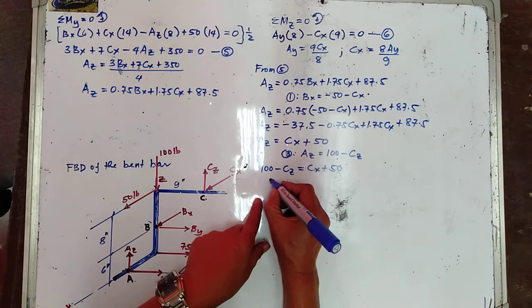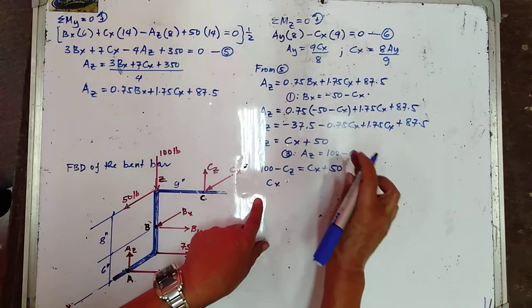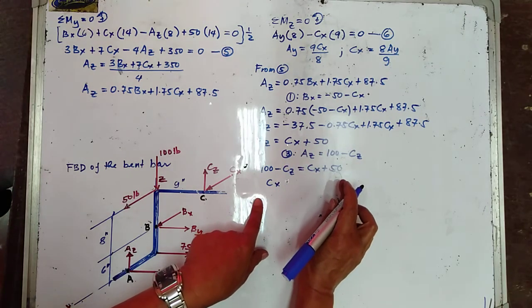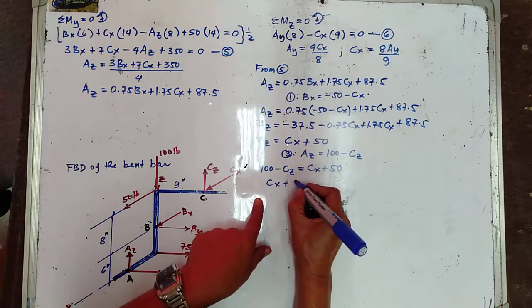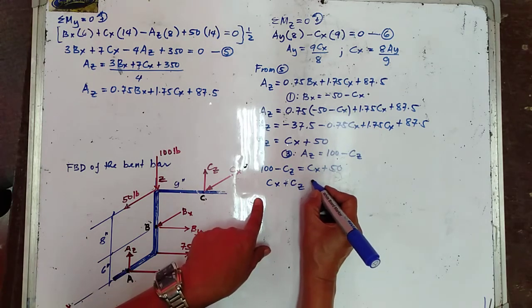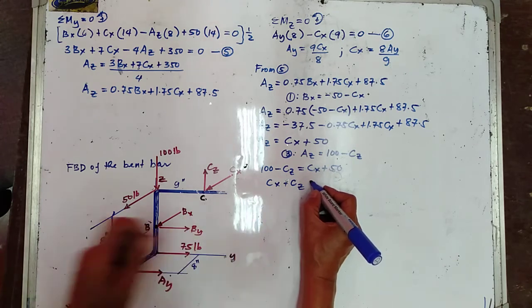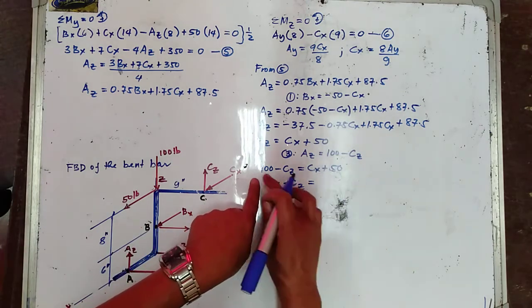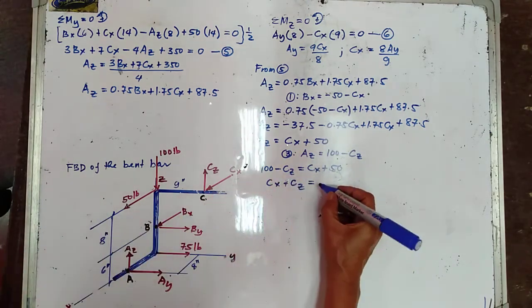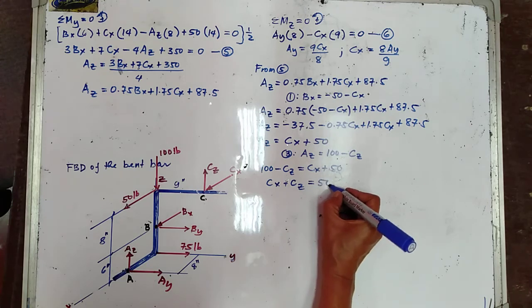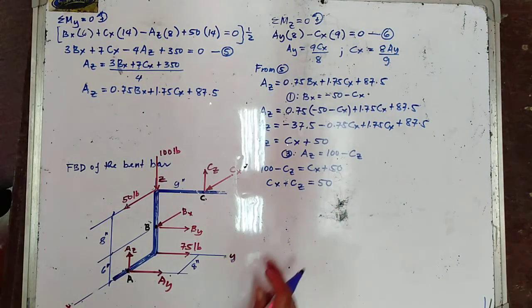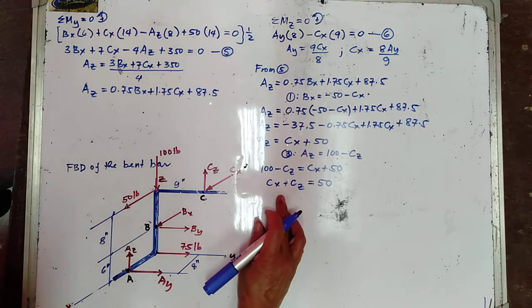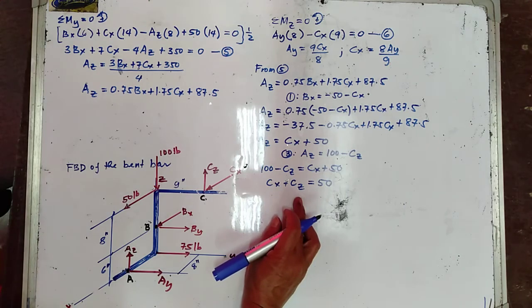So we now have your CX, transpose this to the other side of the equation, plus CZ is equal to 100 minus 50. So that one is equal to 50. So CX plus CZ is equal to 50.